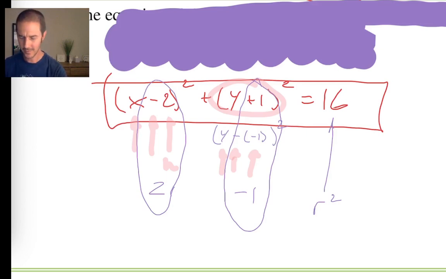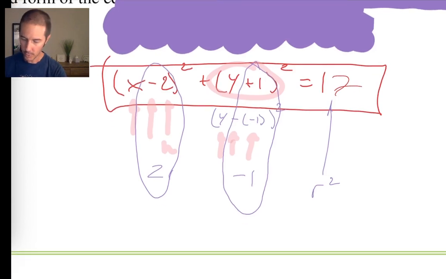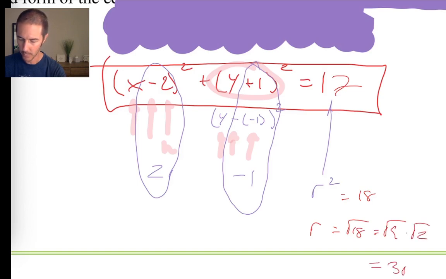Now what if this wasn't a 16? What if this said 17 over here? Is it possible that the radius of my circle could be the square root of 17? Absolutely. What if it was 18? The radius could be the square root of 18? Sure could. This could equal 18, and if you have to square root both sides, r would equal the square root of 18, which is the square root of 9 times the square root of 2, which is equal to 3 root 2.